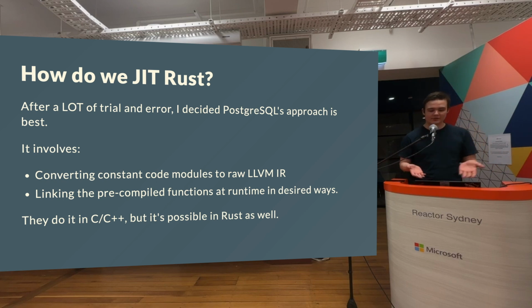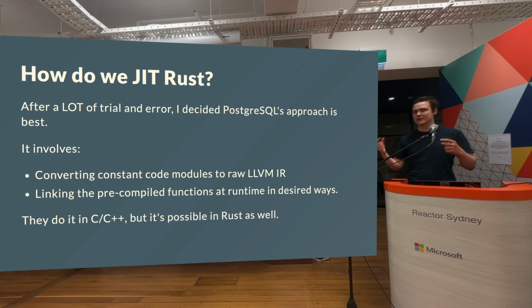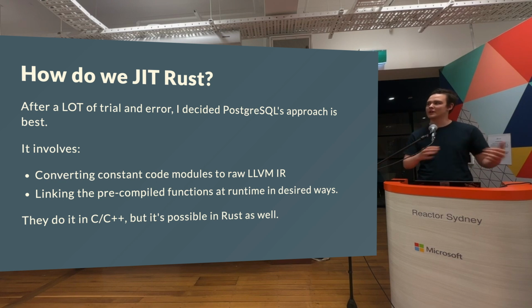So, kind of just JIT Rust. And technically, yes. Over a lot of trial and error, I came up with the approach that Postgres takes, where you convert Rust to LLVM, and then you link the compiled LLVM generated by Rust at runtime using your own manipulated functions. So you do need to directly interact with LLVM, so it's not pure Rust JIT, but it still saves you a lot of time.